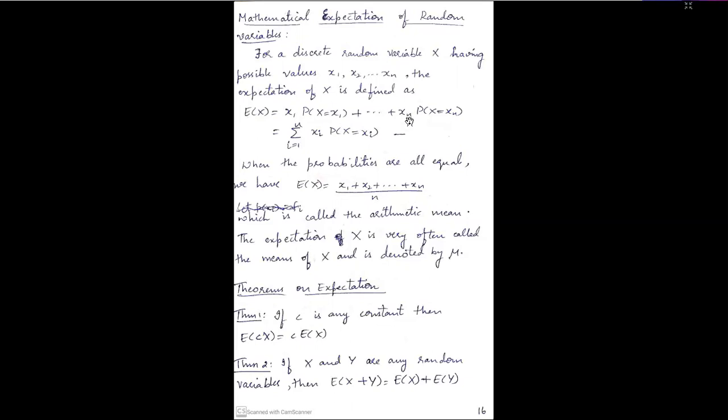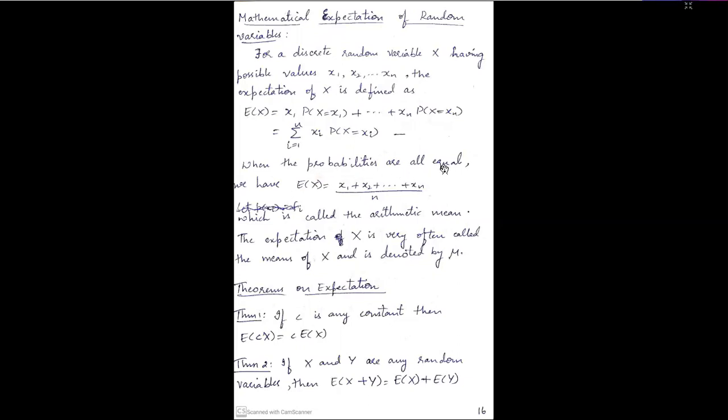Say for example, when you toss a coin, you have the sample space H, T, and both are equally likely, means both are happening equally. So probability of H is equal to 1 by 2 and probability of T is also equal to 1 by 2. So same thing applies here also.